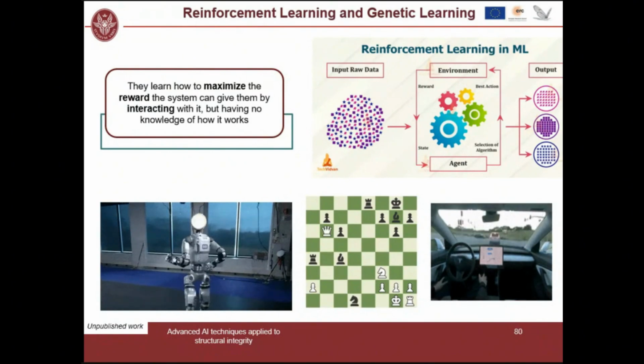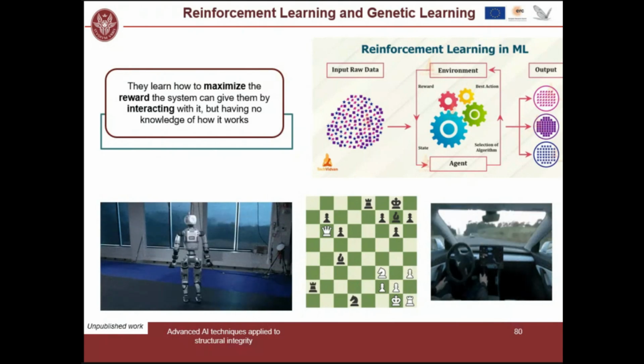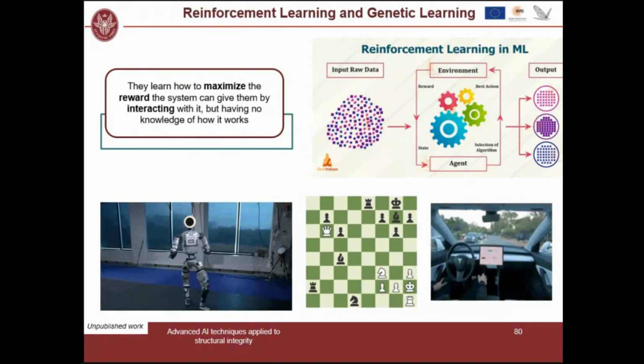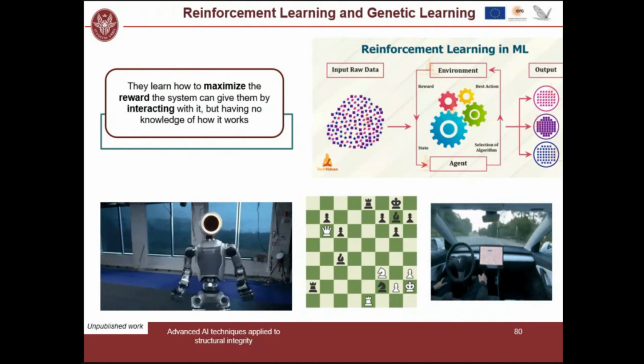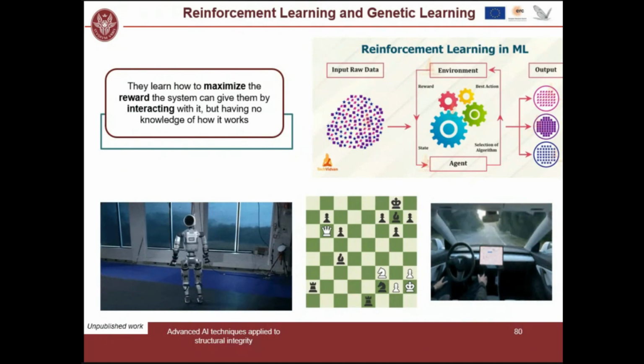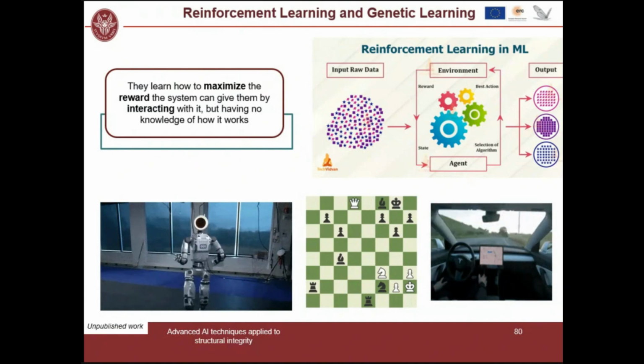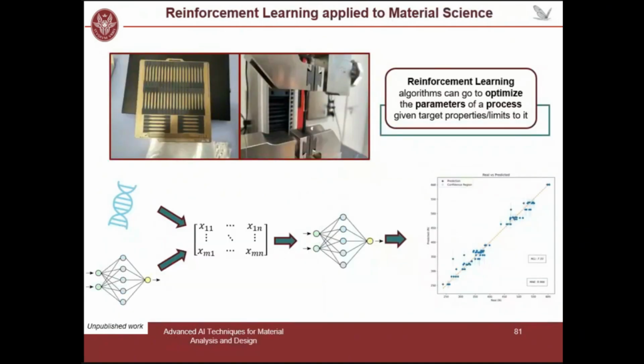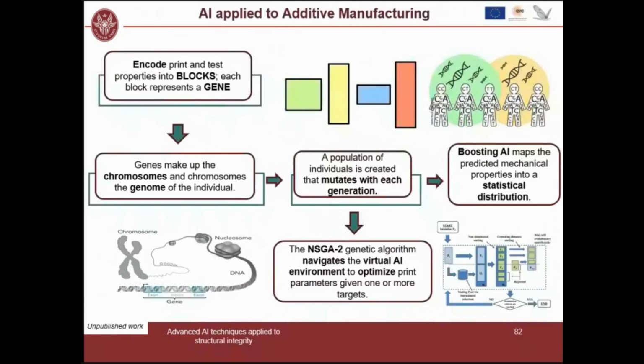Okay, I can use a reinforcement learning, I can use a genetic algorithm. In this case, I will show you the genetic algorithm pipeline, because the reinforcement learning is very big and I don't have that much time. About the genetic algorithm, I've explained it before, so you know how it works.